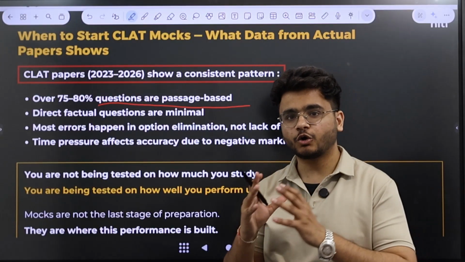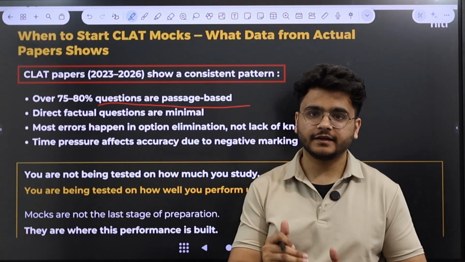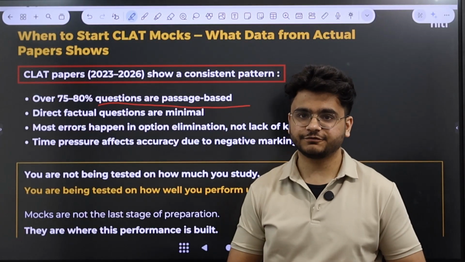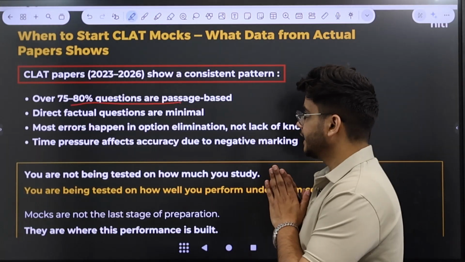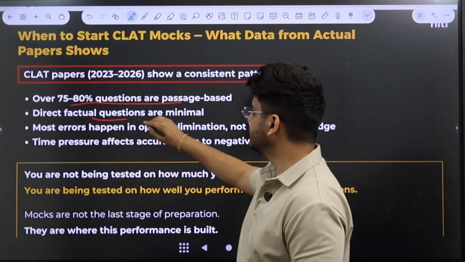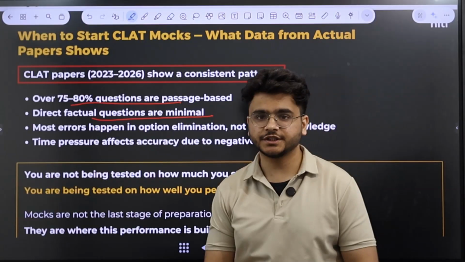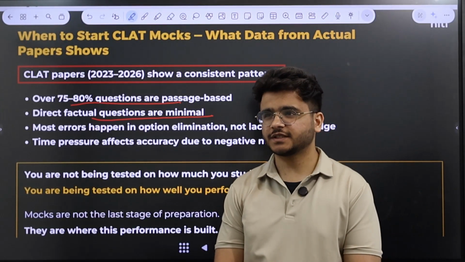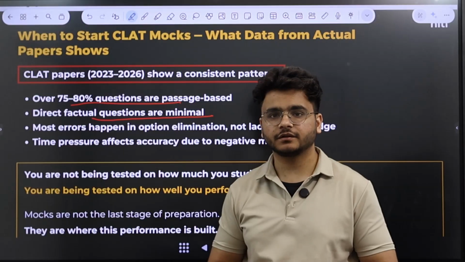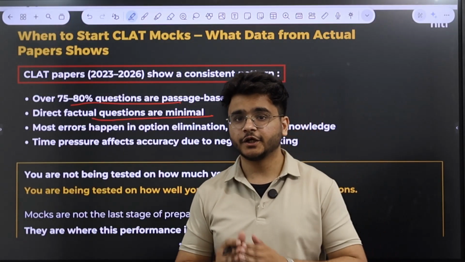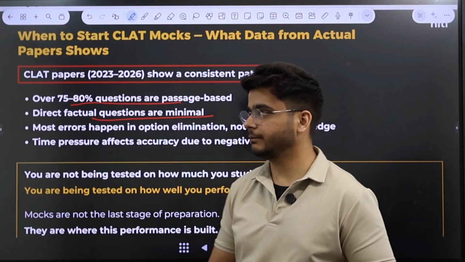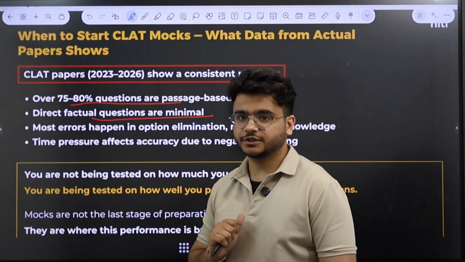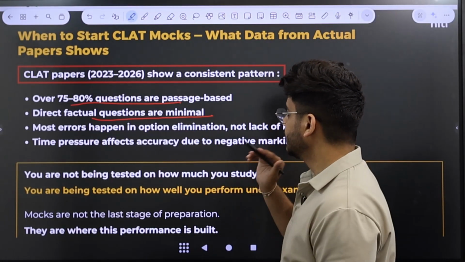You will be given a context of the passage, and then the questions will be asked from the passage. Direct factual questions are minimal. You won't be directly asked who is the Chief Election Commissioner of India. You will be given a context. For example, say the vote chori campaign launched by the Indian National Congress. You will be given a context of the campaign and then asked questions from that passage.